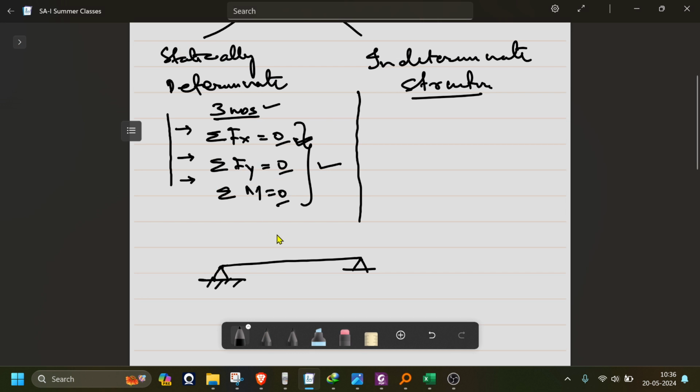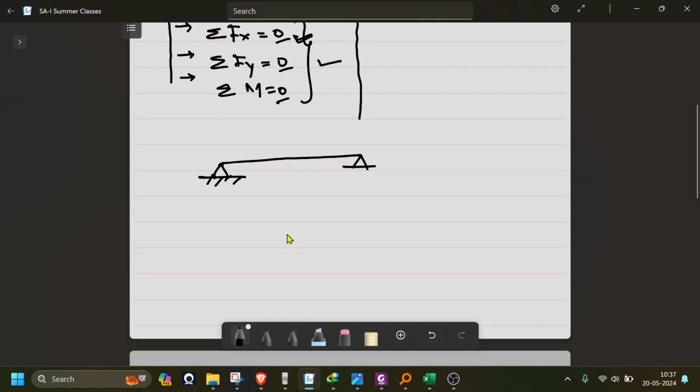Okay see. So we have this simply supported beam. अब इसको analysis करने में it means that we need to, so let us say it has got a point load, for example let us say the point load is P, the length of the beam is L, right?